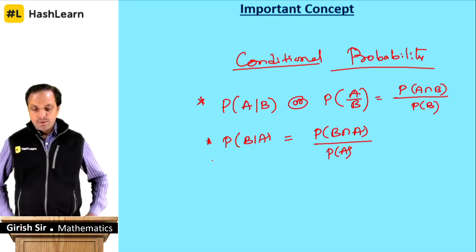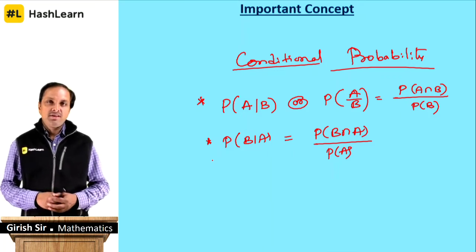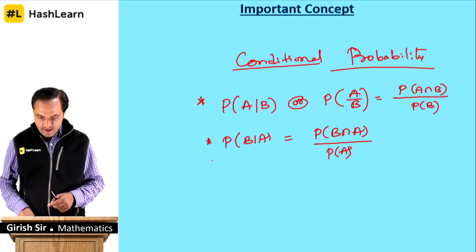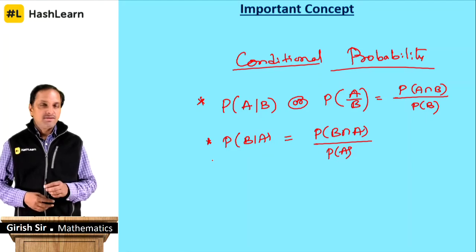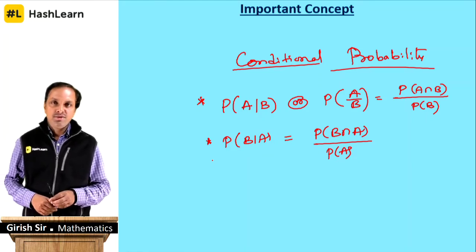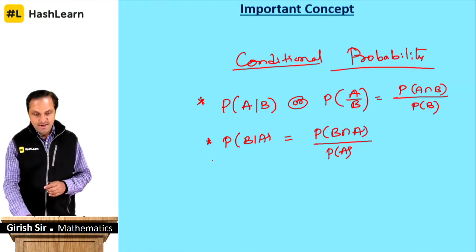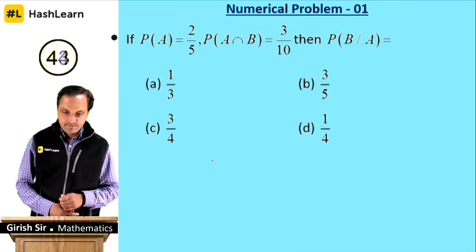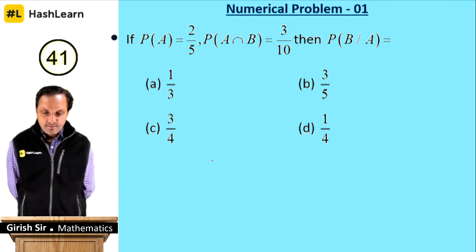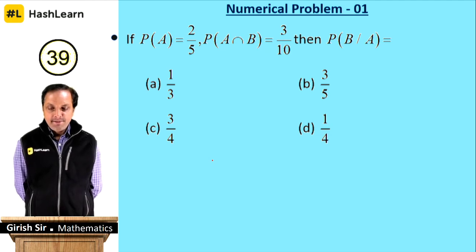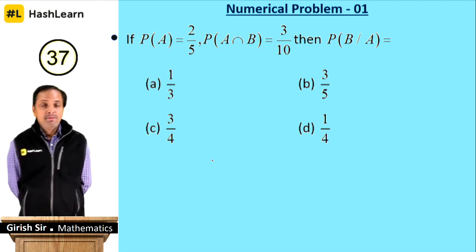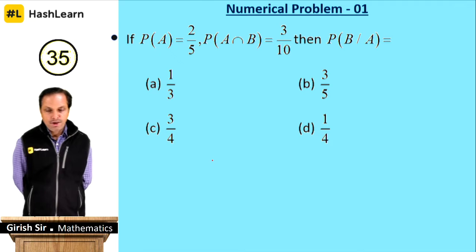Chalo. With these basics, we shall start the problems on probability. So dear students, you will have 45 seconds for each problem. Try to solve it and give the right choice. And here is the first problem for the day. You have to find B conditional A. What is the probability of B with respect to the condition A?